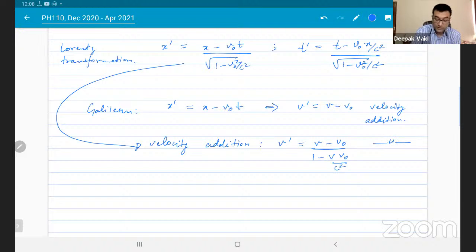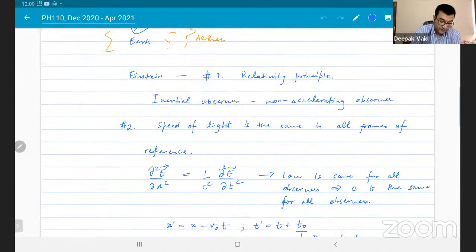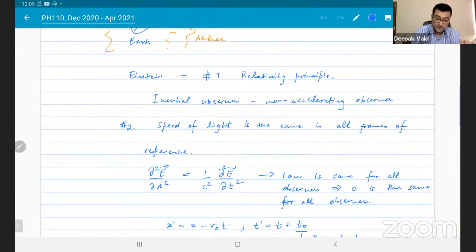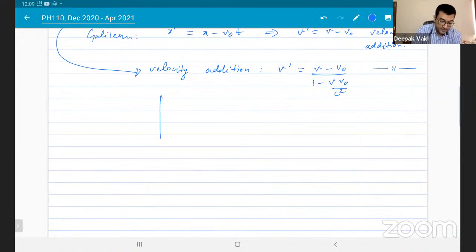So this is also velocity addition, but now this is the velocity addition according to the postulates of Einstein. What are the postulates of Einstein? The first postulate is the relativity principle. The second postulate is that the speed of light is the same in all frames of reference, right? Now imagine that you have these two frames of reference, right?